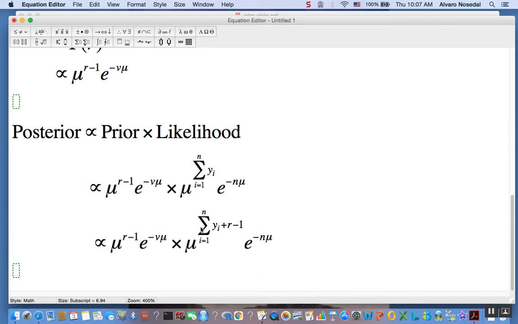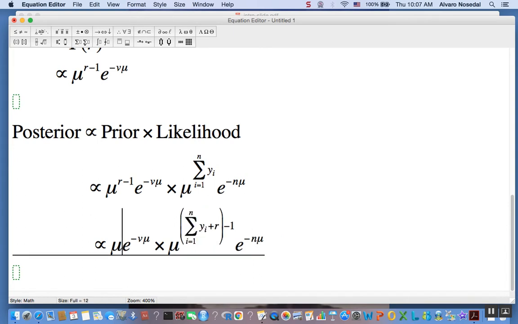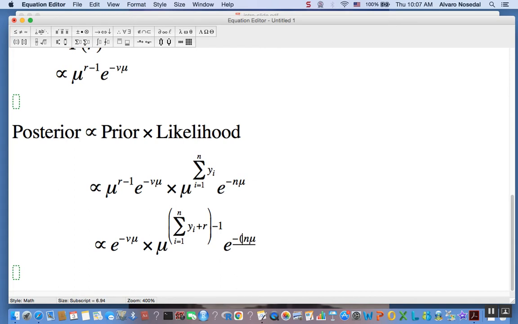Let's place parentheses here to make it super clear. And then we could combine the exponentials, so we could have n plus v times mu. Okay, and then I don't need this guy anymore.